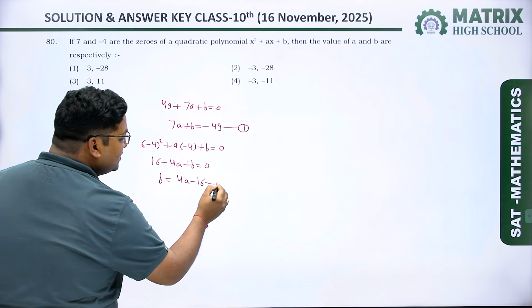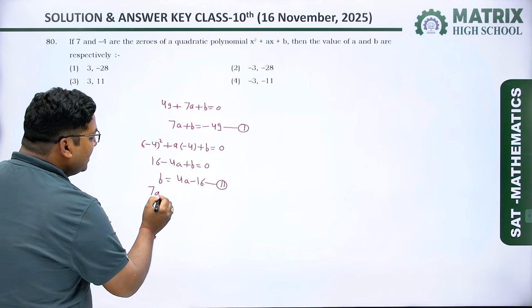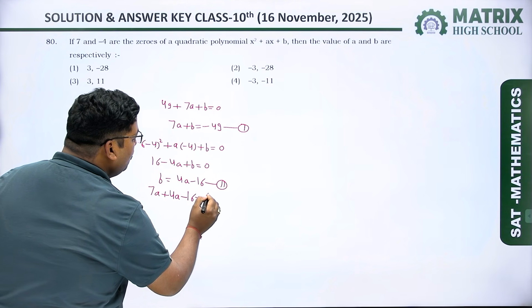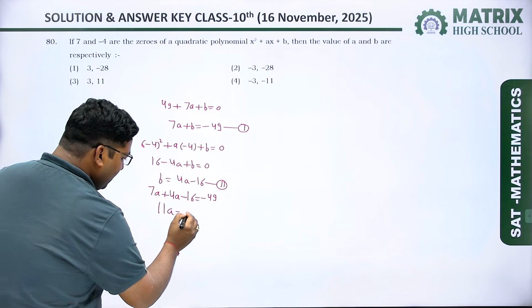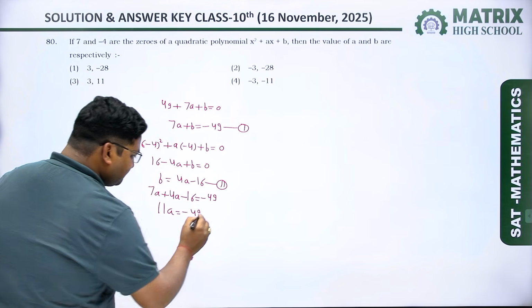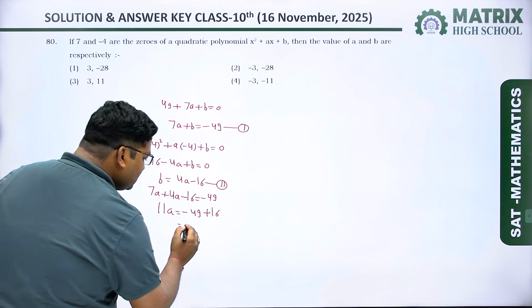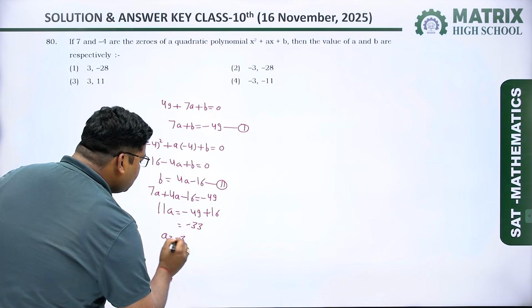Now we have to substitute this value in equation number 1. So we will get 7a plus 4a minus 16 equal to minus 49. From here we will get 11a equal to minus 49 plus 16, and minus 49 plus 16 is minus 33. So from here we will get a equal to minus 3.